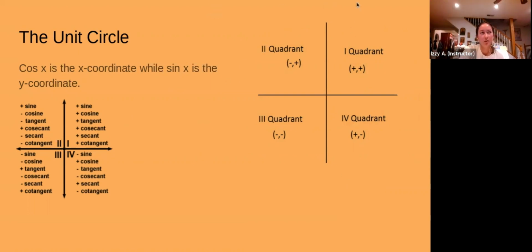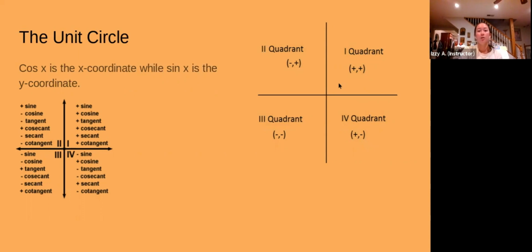I feel like you learned about the quadrants in pre-algebra or algebra, I can't remember, but the quadrants are very important when it comes to determining the signs of the x and y values. So in quadrant 1, both values are going to be positive, but in quadrant 2, it's going to be negative positive. Quadrant 3, it's negative negative, and quadrant 4, it's positive negative.